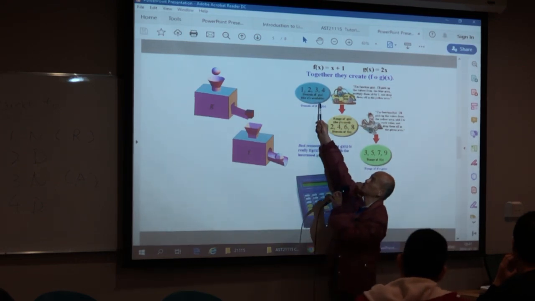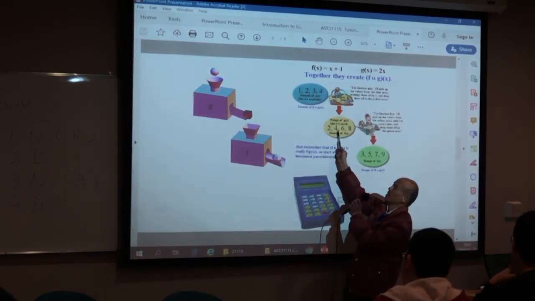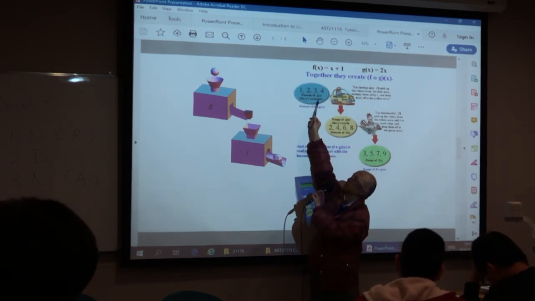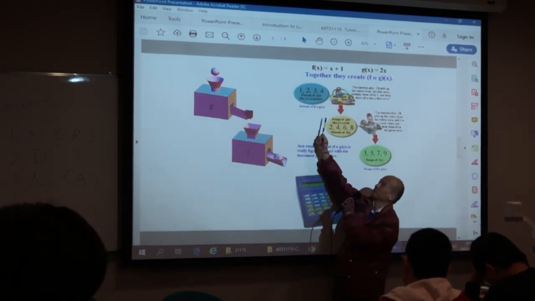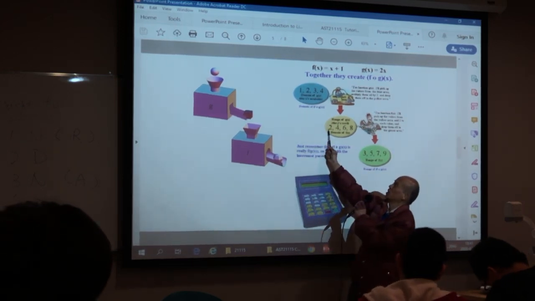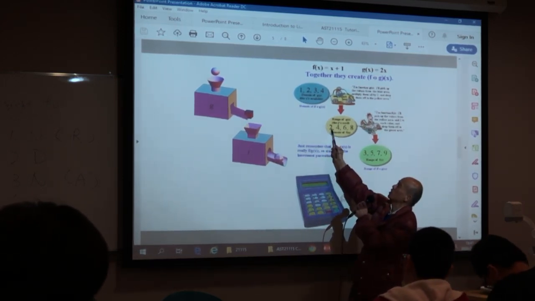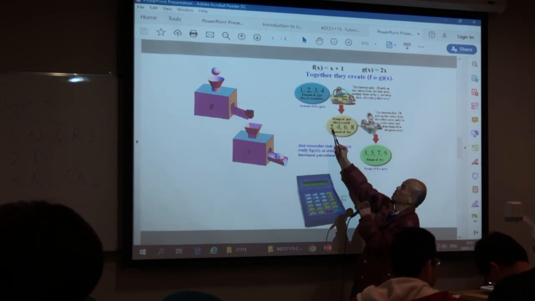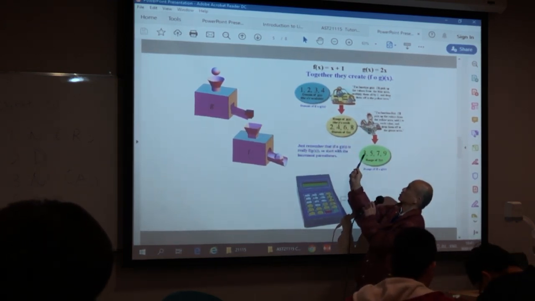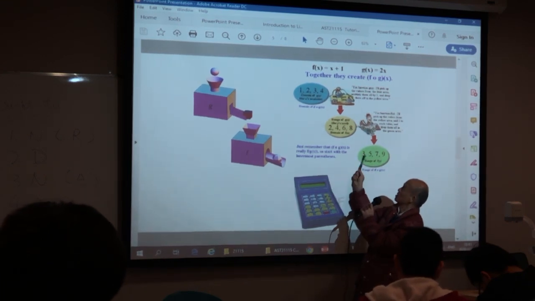Now, this is the g function. The g function is whatever you put in it, double it. So you put 1, the output is 2. And then you put this 2 into the f function. The f function is whatever you put in, add 1 to it. So 2 add 1 is 3. The final output is 3.